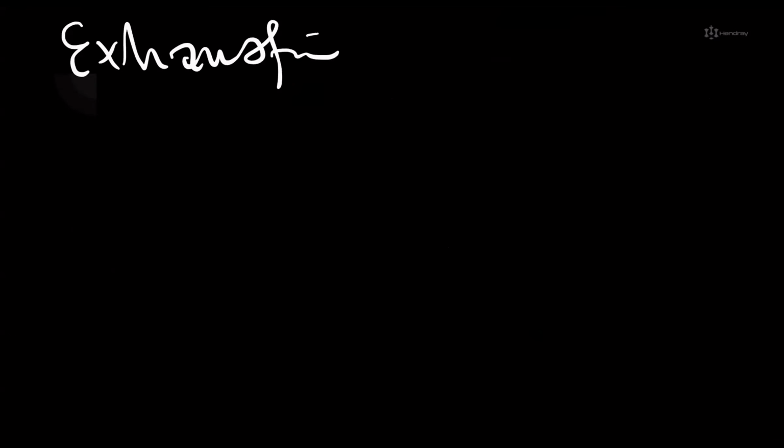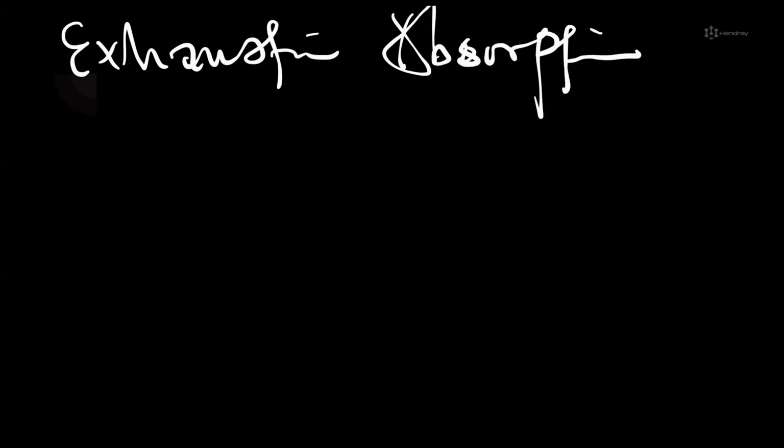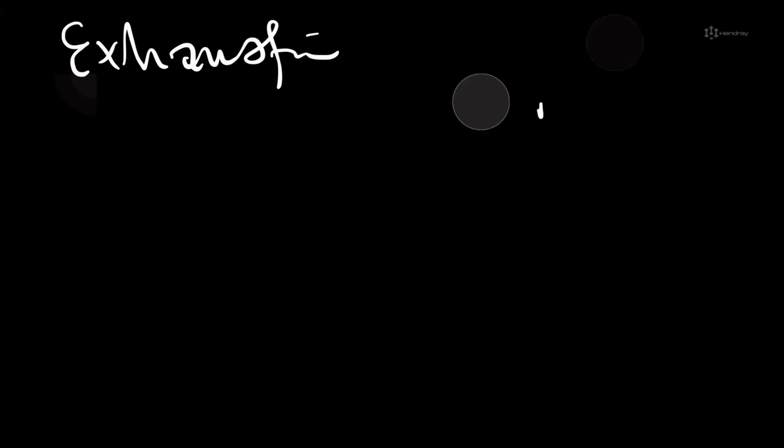Today we are more interested in the external and internal side of divergence, because that is the first way to group it before we look at exhaustion. So exhaustion is what we'll be talking about first. Exhaustion, absorption.